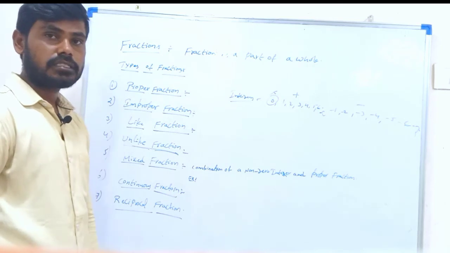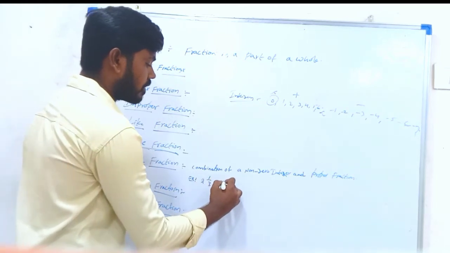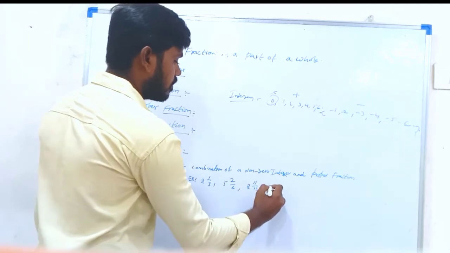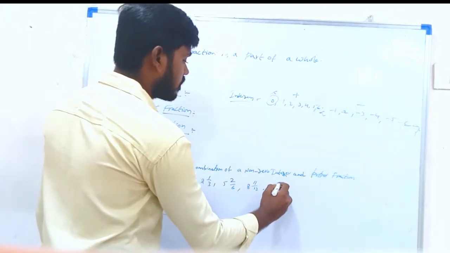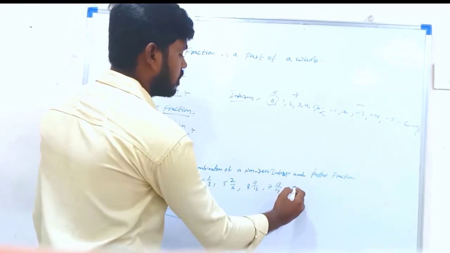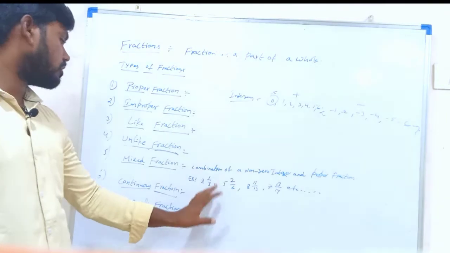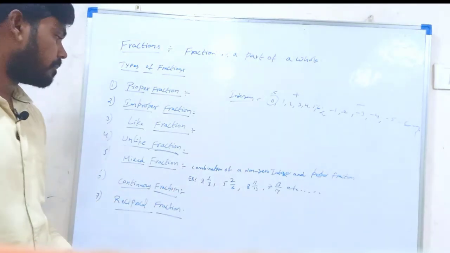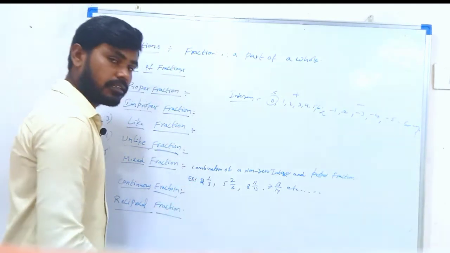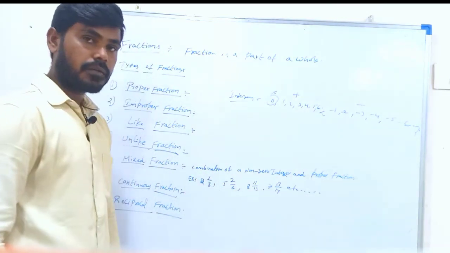and a proper fraction. Say for example, 2 1 by 3, 5 2 by 6, 8 11 by 13, 7 13 by 14, etc. These are all known as mixed fractions. If you look at the example, 2 is an integer, and 1 by 3 is a proper fraction.